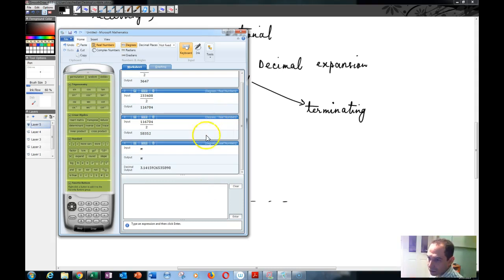So you can see that pi is equal to 3.1415926535898, and you can calculate pi to any number of significant digits. For example, you could go even for 200, 300, 400 significant digits.